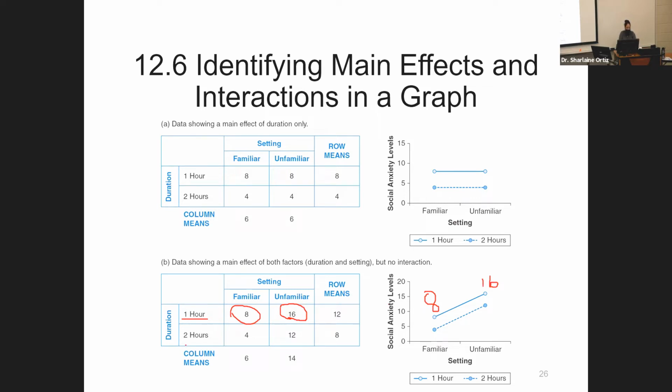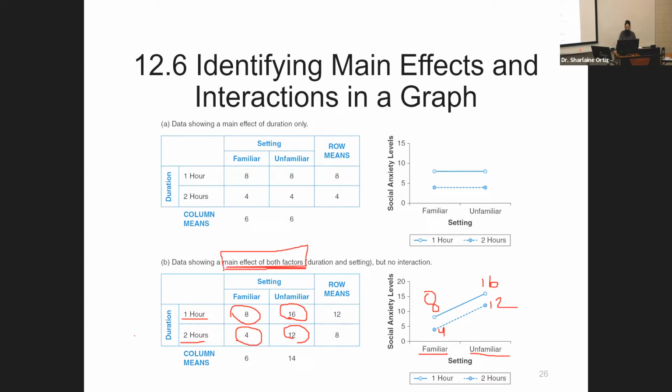Now, if we were to revert now for the 2 hours, notice that the first score in a familiar setting was a 4. And for an unfamiliar setting, the score was 12 as represented at the right of your screen. Notice that more anxiety tends to be reflected in an unfamiliar setting.